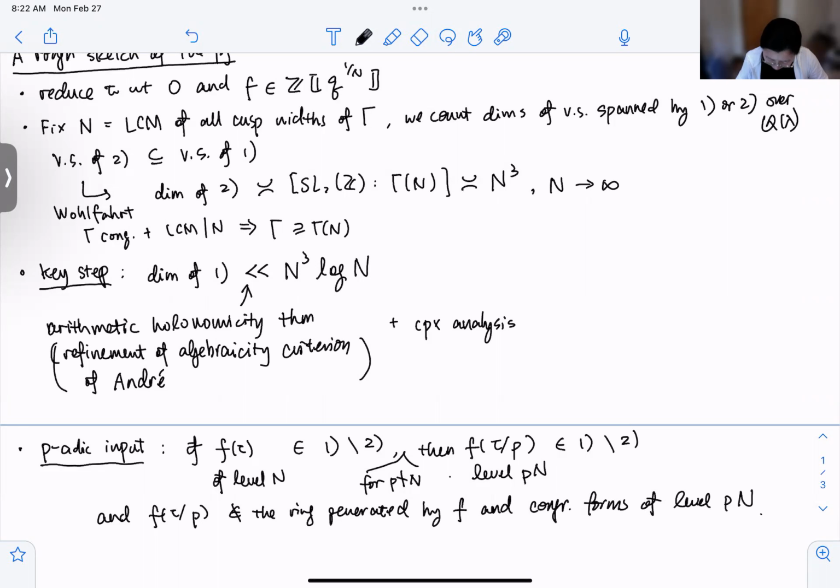Okay, so if we have one counterexample, then we would have many counterexamples which are independent from the previous ones.